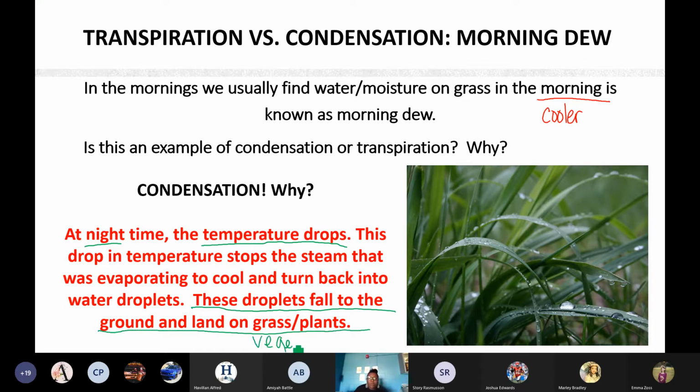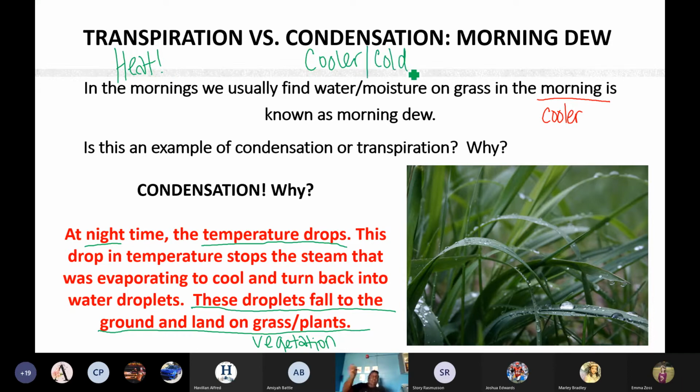So we want to make sure we remember here that morning dew is an example of condensation because it's cold. We want to remind ourselves that transpiration needs heat to work, and condensation happens when it's cooler or cold.